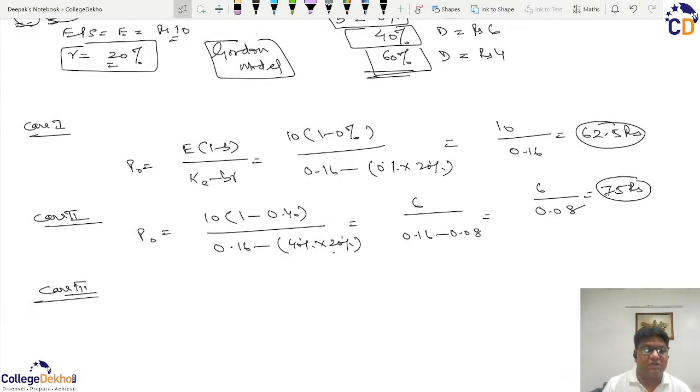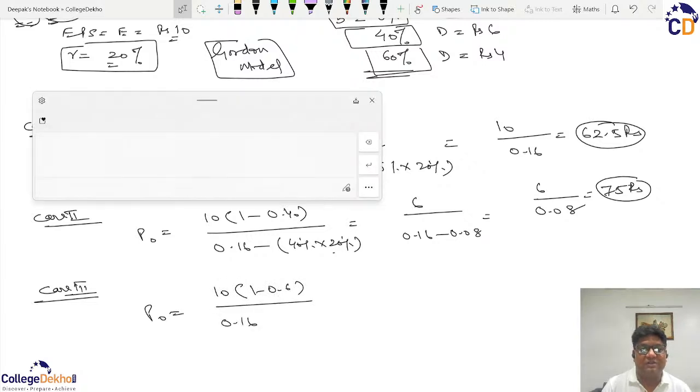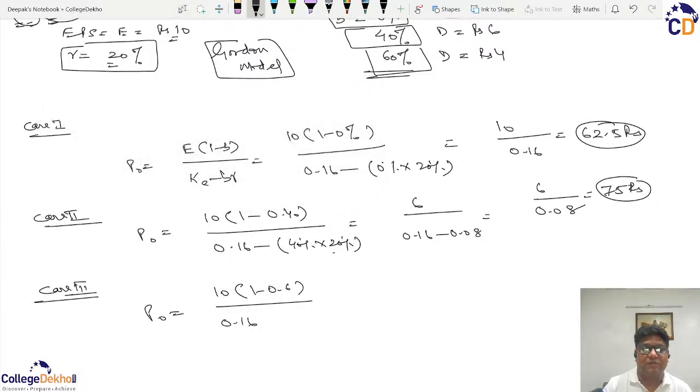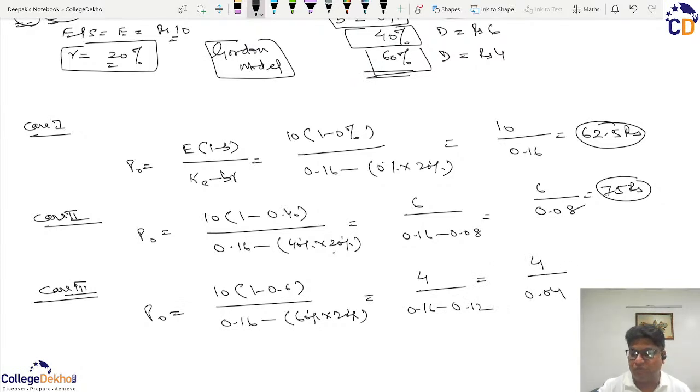In case 3, the P0 will be 10 times 1 minus 0.60 upon 0.16 minus 60% of 20%. So it will be 4 upon 0.16 minus 0.12, so 4 upon 0.04.